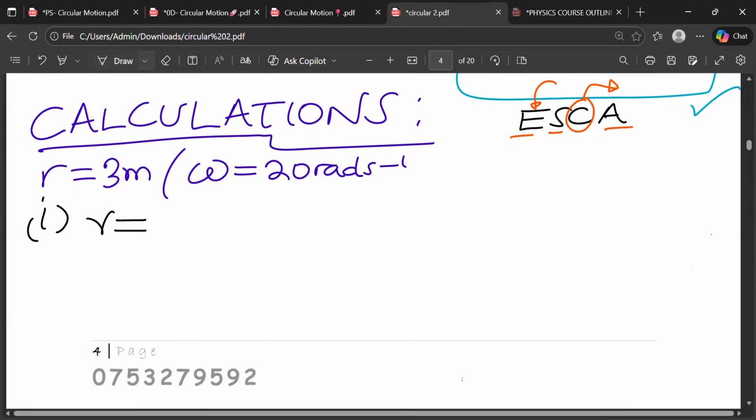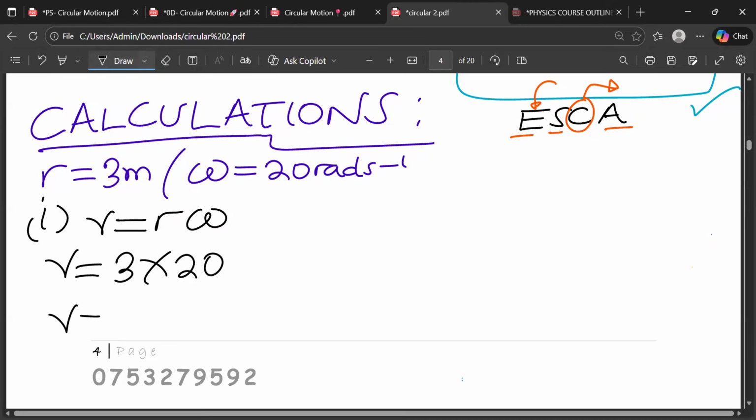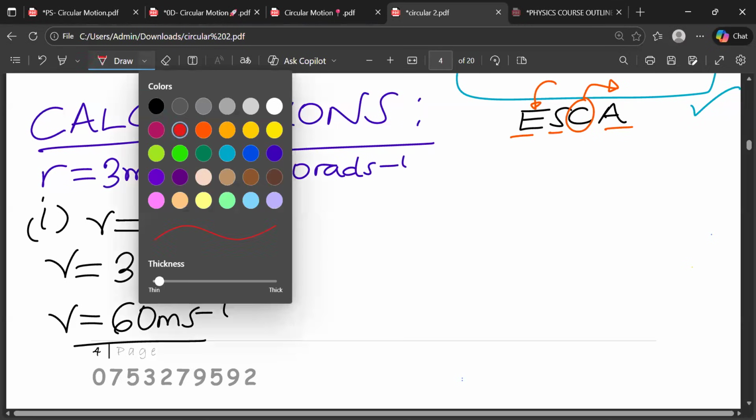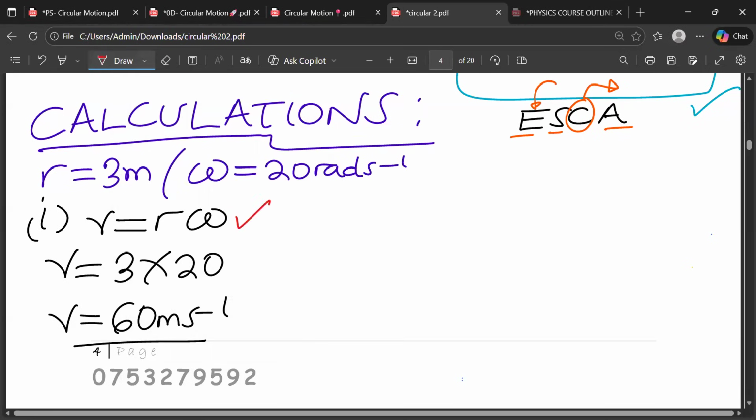So you just say, this one is your R. So you substitute V = R times omega, which is 3 times 20. Then you get your linear speed as 60 meters per second. Then how will they mark? They'll give you a mark for the expression, a mark for substitution, and then the answer.